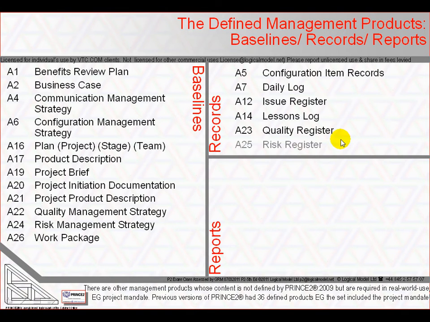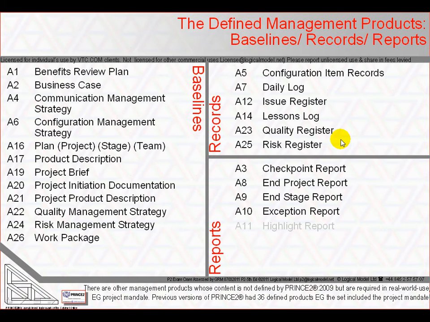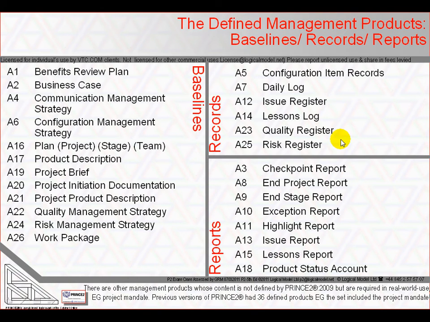Records are dynamic information collections that are continuously maintained to record current status. And reports are a snapshot of status at a specific point in time. So, for example, the configuration item records record the status of the project's products.